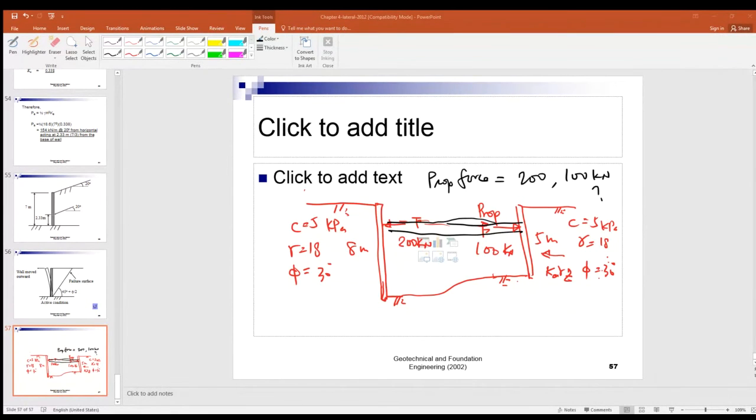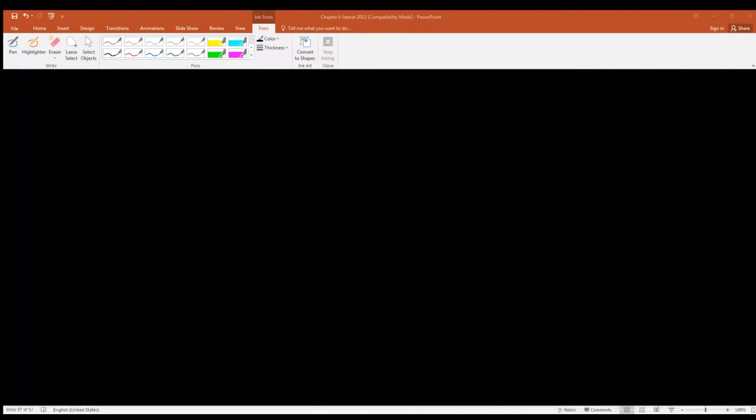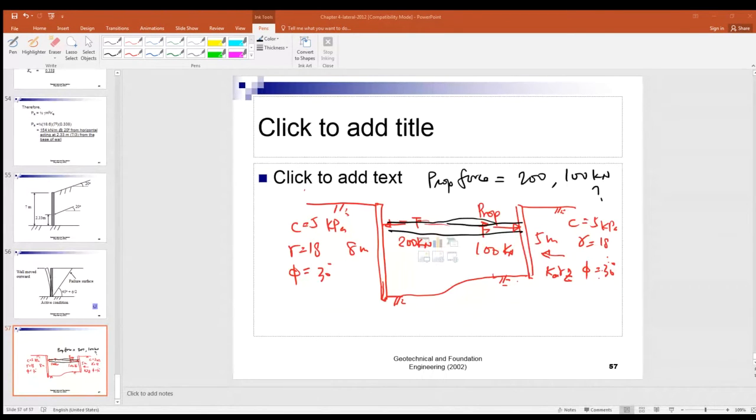So that is the fill, right? Fill slope. So you are filling a platform, right? Filling a ground platform.